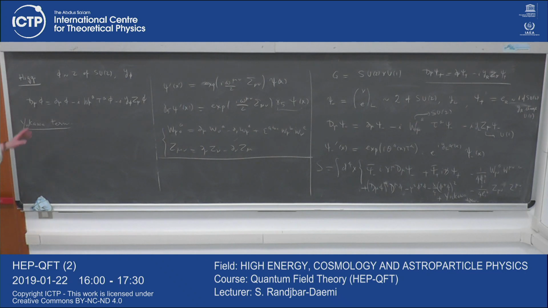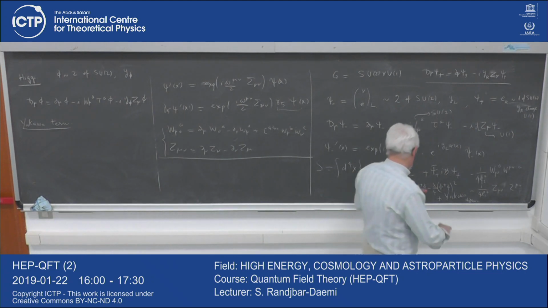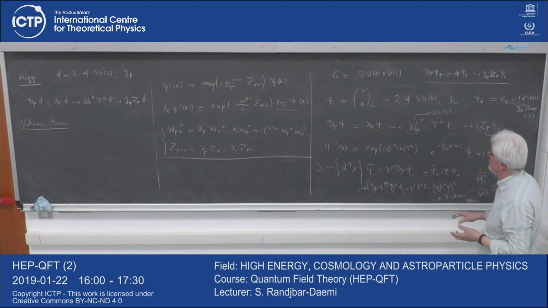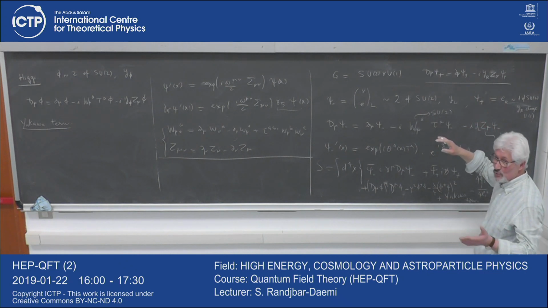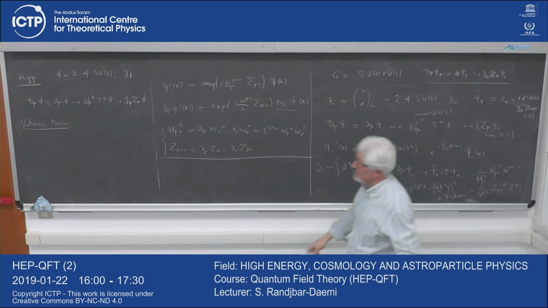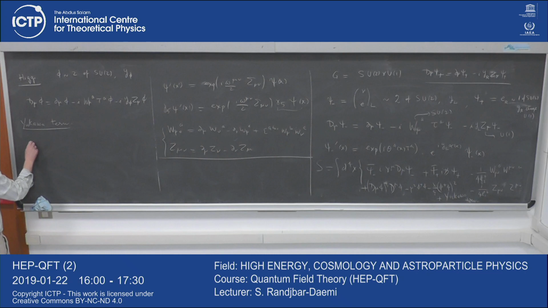is, first of all, this is a doublet. In order to be able to construct the coupling of fermions with the scalar, you need also a fermion in doublet representation, some representation of SU2. Otherwise, you cannot construct it. So we have a fermion in doublet representation.